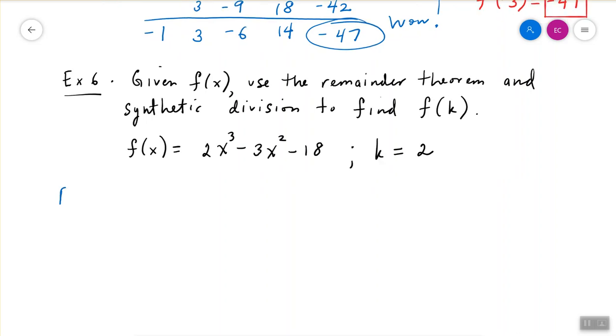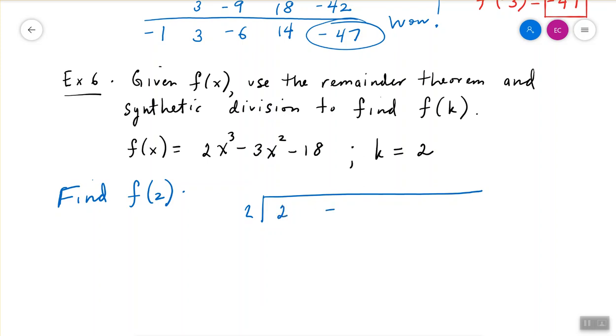So what we're trying to do here is find f of 2. And we could just plug it into f of x, but we've got a better way now. Let's use synthetic division. Let's put a 2 out in front, and then let's put the coefficients of the polynomial under the house.